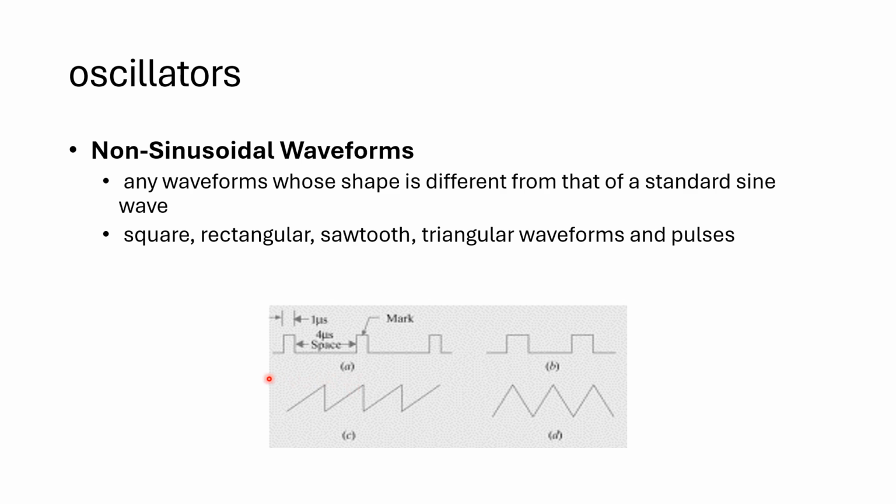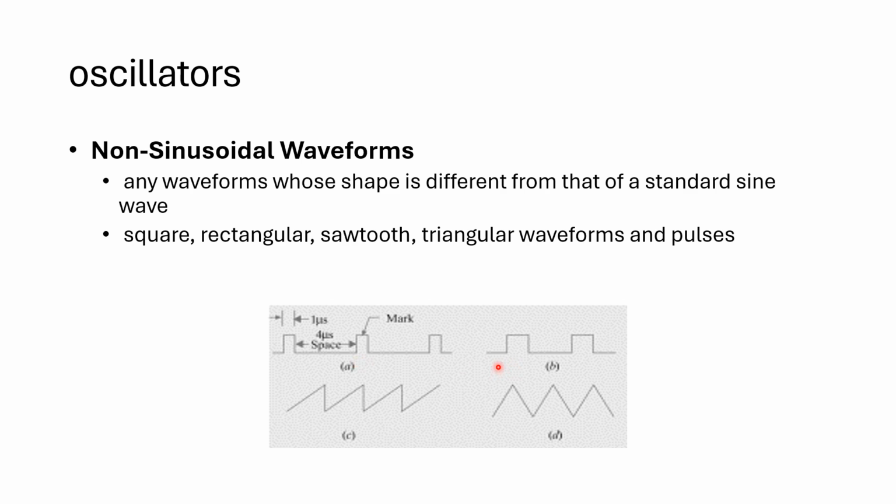Okay, so this is what we call the space. In this example, we have here our space, which is 4 microseconds, and we have this as our mark, which is 1 microsecond. So we have pulses if the spaces are wider compared with mark.